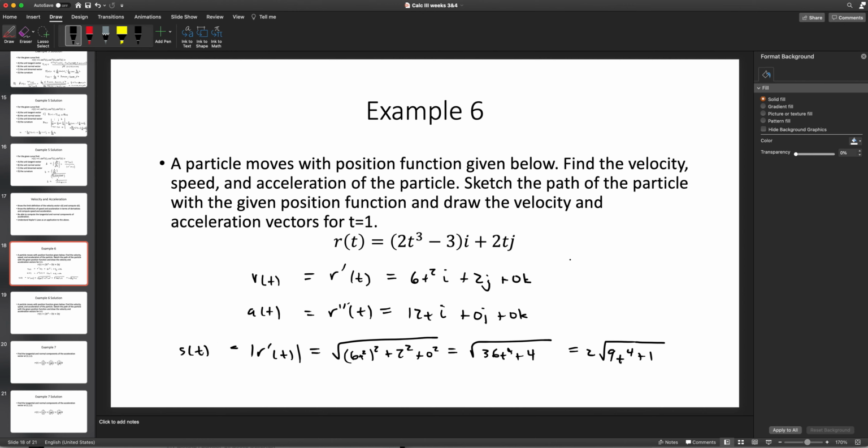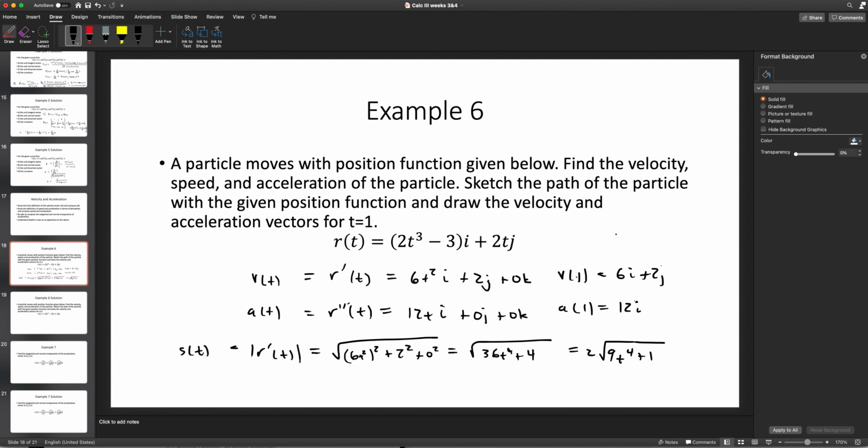It says sketch the path of the particle given the position function, and draw velocity and acceleration vectors for when t is 1. So when t is 1, v of 1, what is that? v of 1 is 6i plus 2j. a of 1, what is that? a of 1 is just 12i.